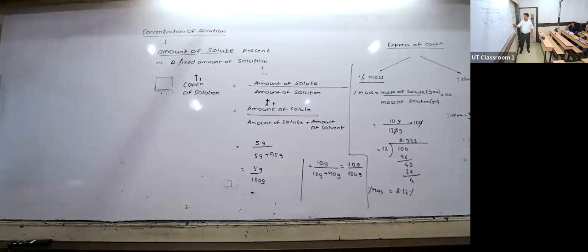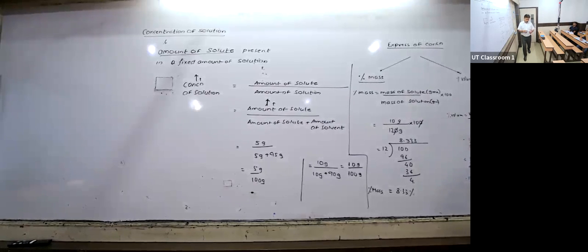How much is it? 10 upon 100 into 100. So directly you can say, sir, I've got a 10% concentrated solution. Yes, no? So this is nothing but volume percentage, which is volume of solute upon volume of solution.